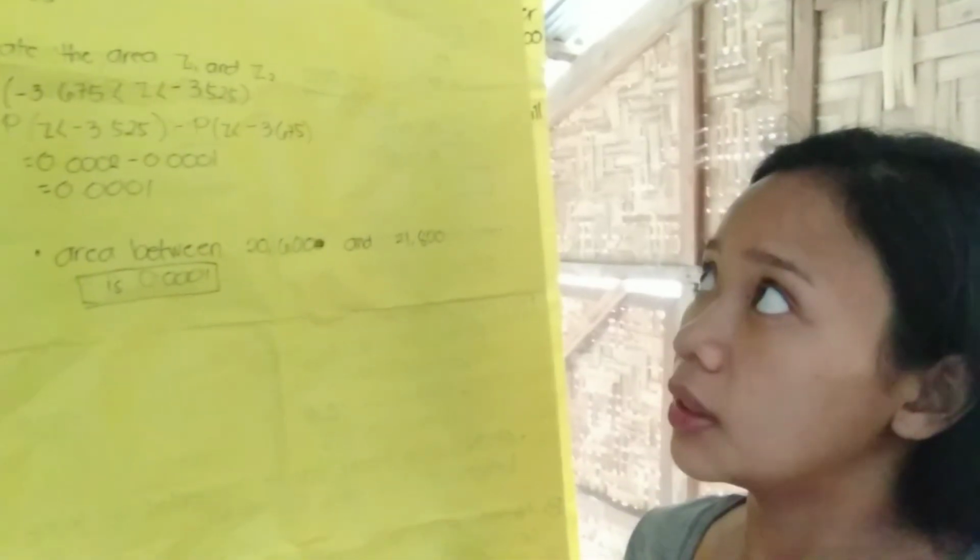So the area is to the left. Then for 21,800 minus the mean, which is 50,000, then divide by 8,000, the standard deviation.